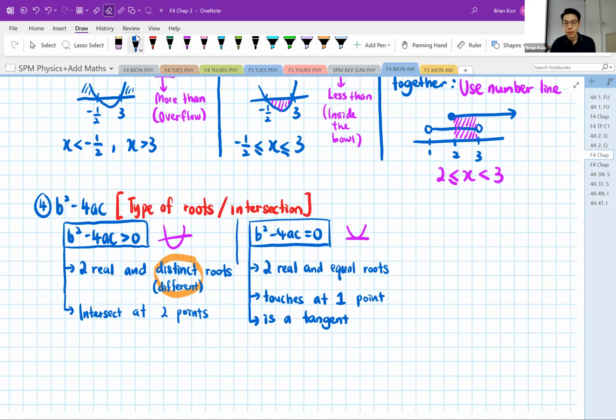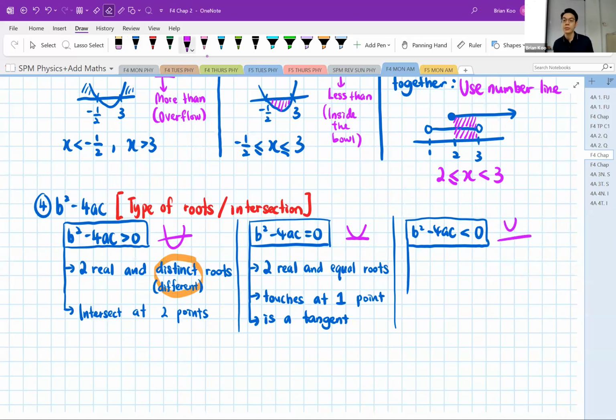Okay, one last one, we have b squared minus 4ac smaller than 0. The shape we would think of is like this, where it doesn't touch.